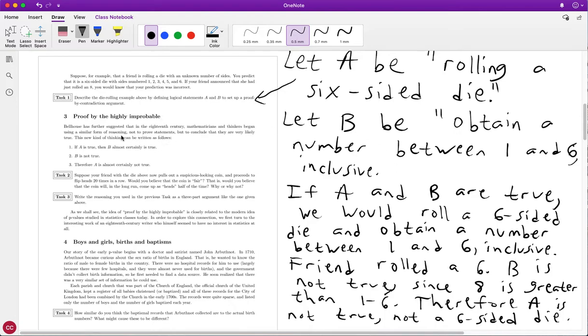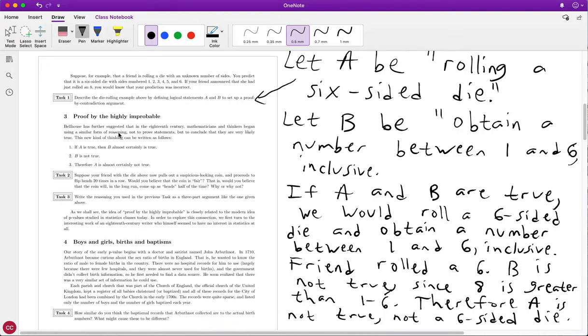So this is what Bellhouse further suggested in the 18th century, that mathematicians started using a similar form of reasoning, but not specifically to prove a statement, but to conclude that it's very likely to be true. So here, if we let A be true, then B is almost certainly true.